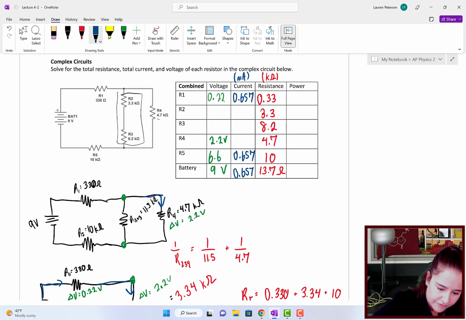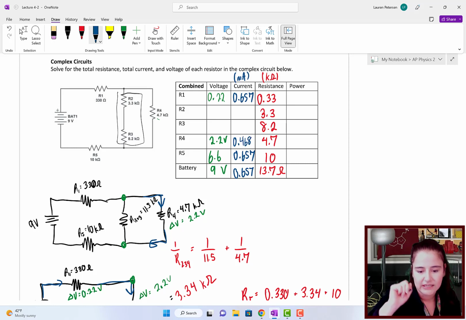We can find the current flowing through that resistor. V equals IR, so I have 2.2 divided by 4.7 to give me 0.468. I'll keep carrying the extra sig fig there. So we have about 0.47 milliamps going through that one.